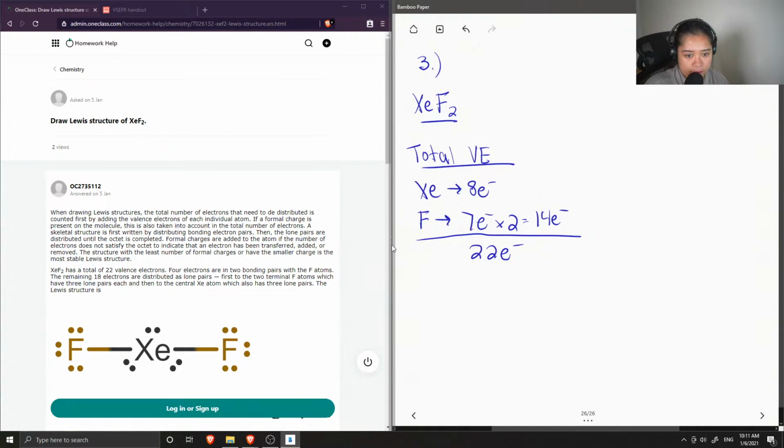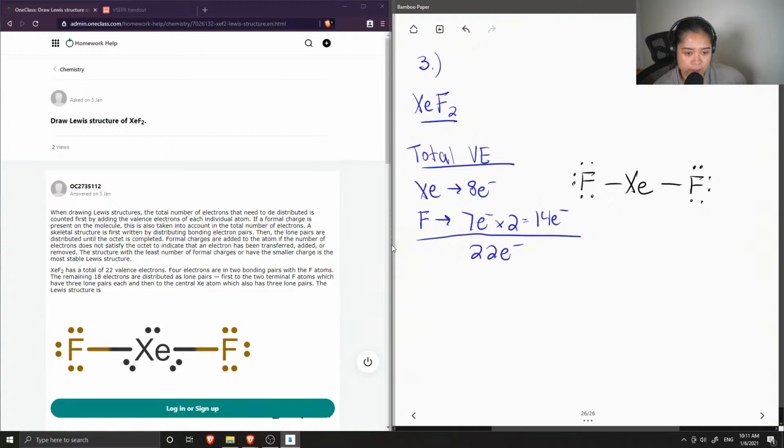So now let's draw our xenon in the middle and our 2 fluorine atoms on either side. And we'll draw out all the lone pairs on the terminal fluorine atoms first. If we count how many electrons I've drawn so far, let's recall that each bond contains 2 electrons.